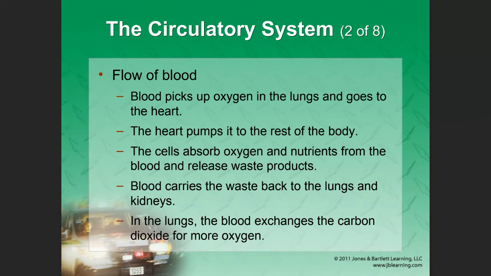When it goes to the rest of the body, the cells will take the oxygen and nutrients that they need and release waste products. And this is what we call perfusion. So the process of perfusion occurs. The waste is then returned to the lungs and the kidneys to be removed from the body. In the lungs, the exchange of carbon dioxide for more oxygen will occur.